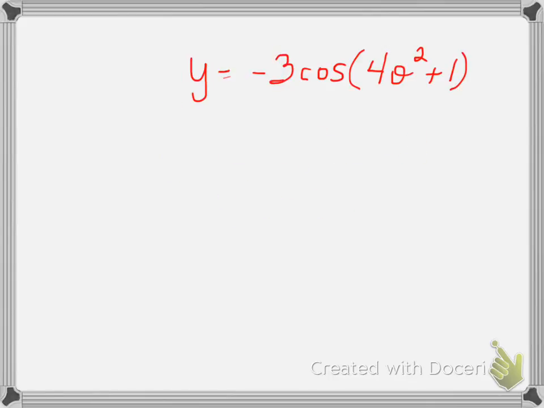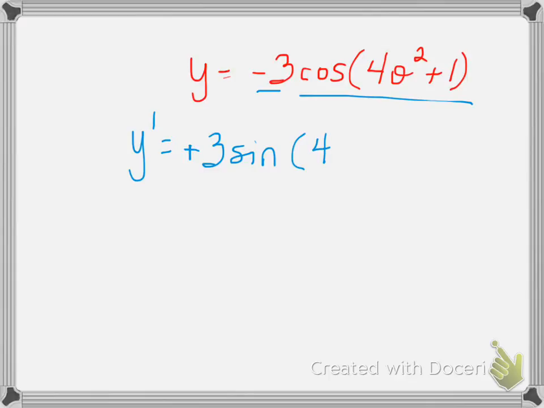Okay, another kind of problem. I want to find the derivative. So I know that we have a number and then we have cosine of something. The number just comes down. The derivative of cosine of something is negative sine of something. So that negative is going to make this be a positive. And then I multiply by the derivative of what was inside, like what was the sine of.